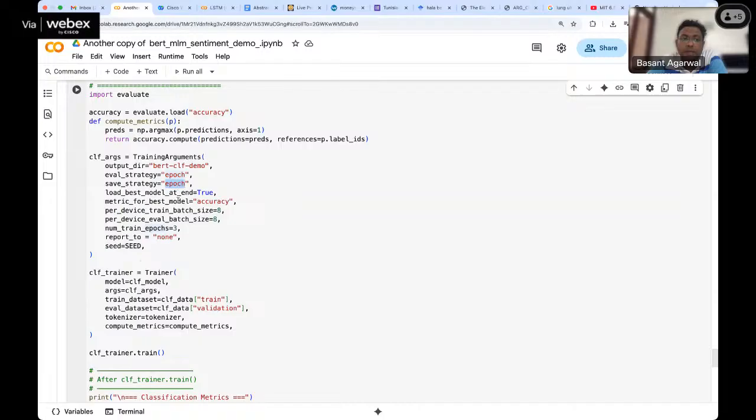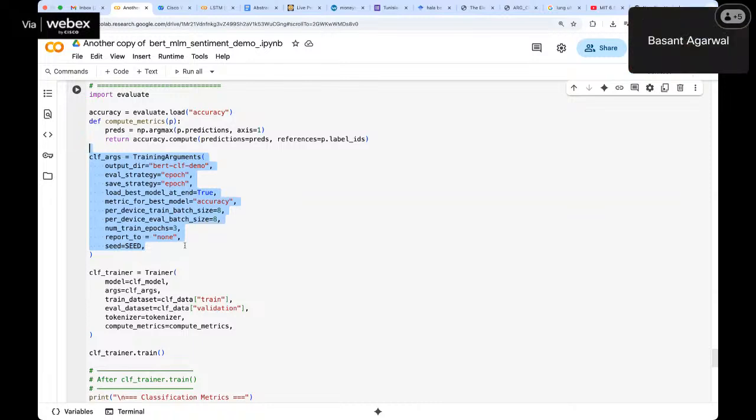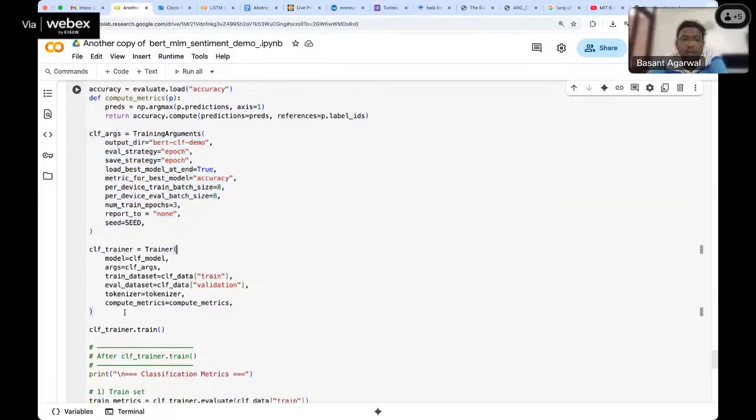The model is already defined, so we just have to define the parameters and configurations for the training part, like how many epochs and the batch size. Then we give all the parameters and the model to the trainer function.